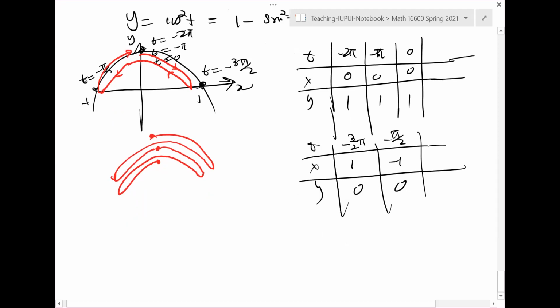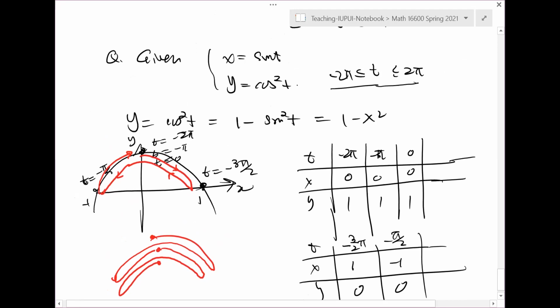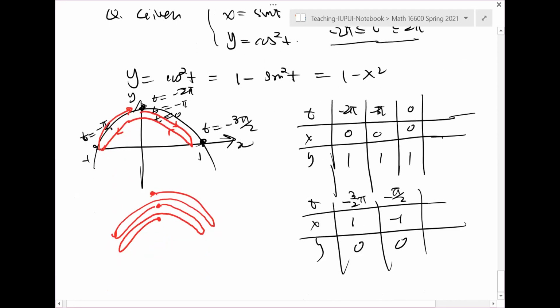So this is a little bit complicated, but when you draw the curve with orientation, at the very beginning, maybe only choose 3 points, right? But sometimes it's very difficult to sketch the graph. Even with the help of the equation x, y, then just add a couple more points.